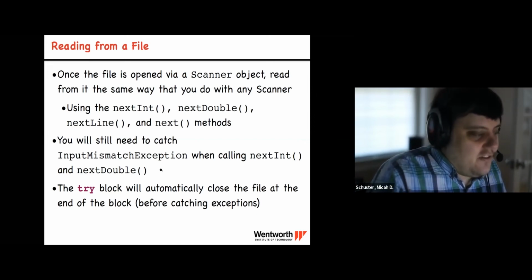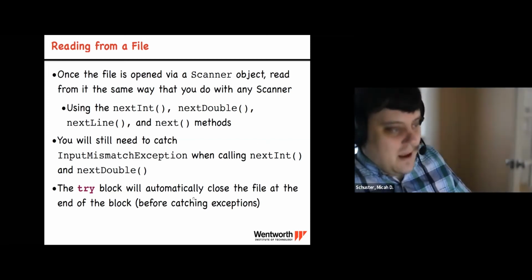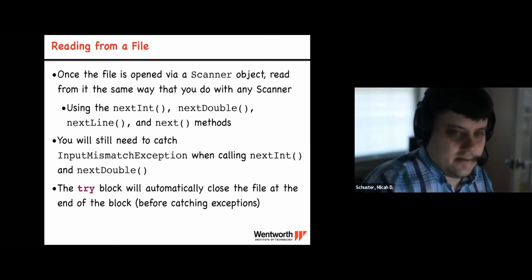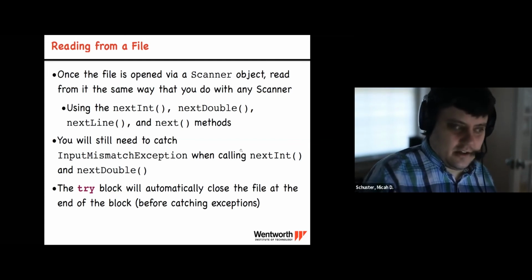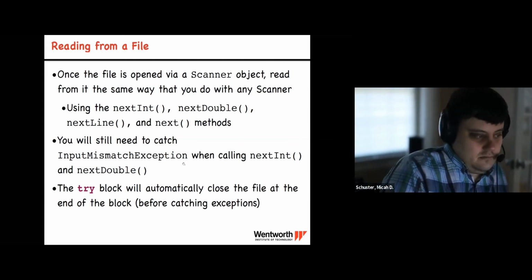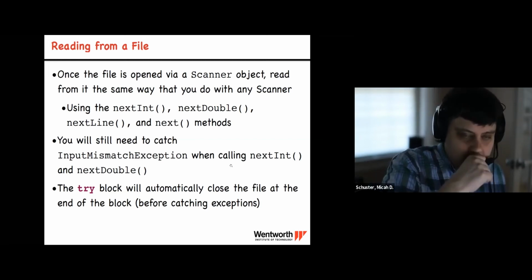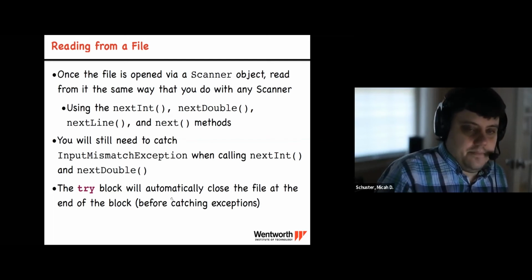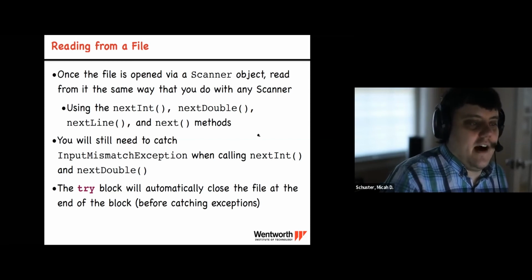You even have to check for an input mismatch exception when you try to read a next int or a next double. Maybe a user put in a bunch of numbers but accidentally put in a letter at the end. If you try to read next int, it'll crash at that point. So you might have to catch the input mismatch exception as well. And again, remember, the try block will automatically close the file, so you don't have to worry about specifically closing the file yourself.